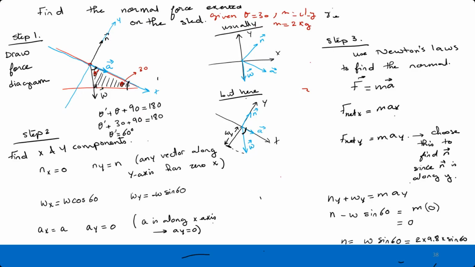I'll find that. You will get 17 newtons. This is the magnitude of the normal force. So here we made a full force study to find the magnitude of a force of interest. In this case, it was the normal force.